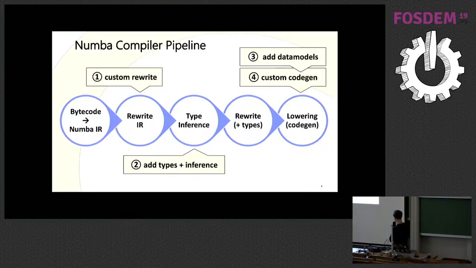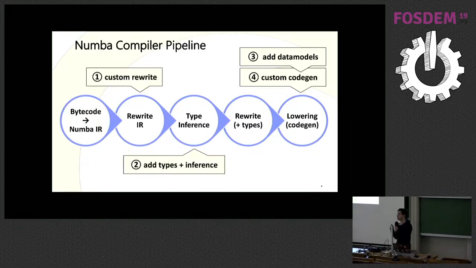The next step is type inference, where you can also add your own types and do type inference of your own functions. Then you have another opportunity to do another rewrite phase, but this time with the actual types. And when all that is finished, you can actually start generating the code.